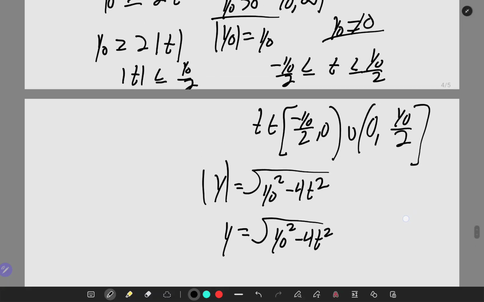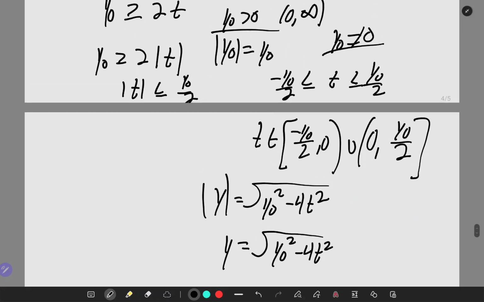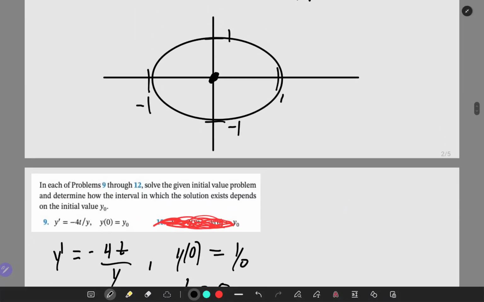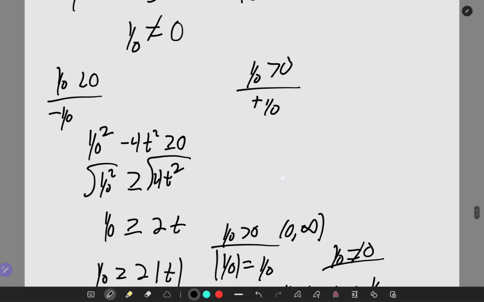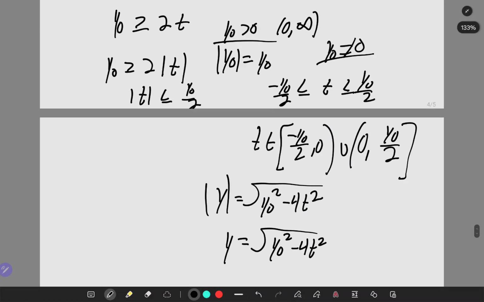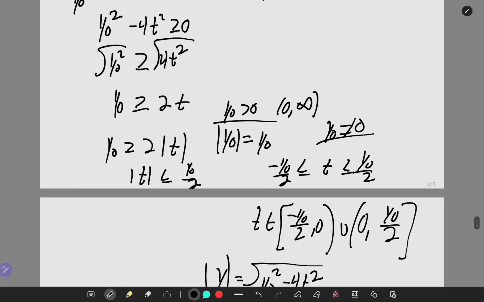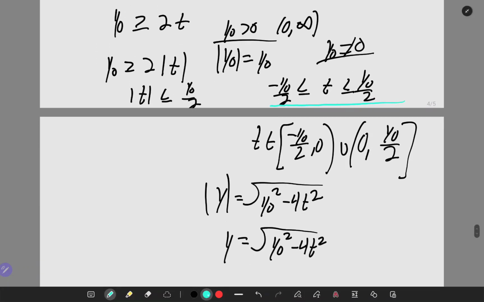I'm doing a little bit of extra work here, but really what the question asks for is to determine the interval in which a solution exists. So the interval is going to be this, basically. This is fine as an answer here, but we're not done yet.